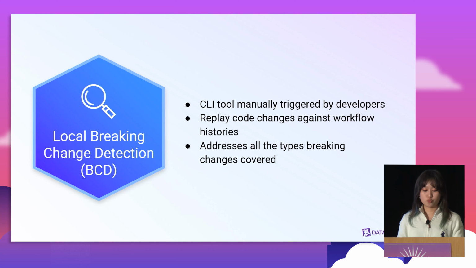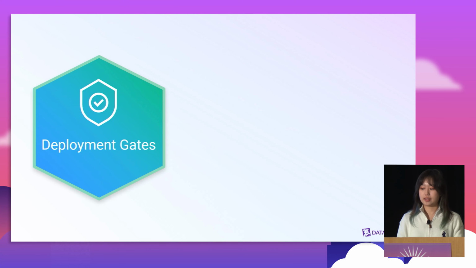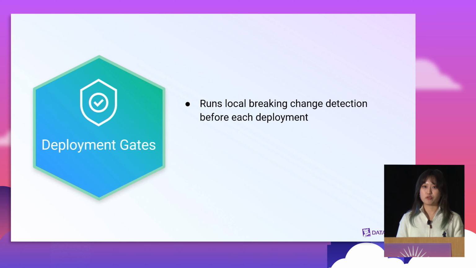In order to reduce the time between actually validating for breaking changes and the actual deployment, we can look towards the breaking change detection deployment gates, which is the next piece in our tooling. This gate essentially wraps the local BCD tool we went over earlier and allows us to run it before each deployment. It'll then prompt the user to review whether the breaking changes detected are actually valid or will actually have any impact.